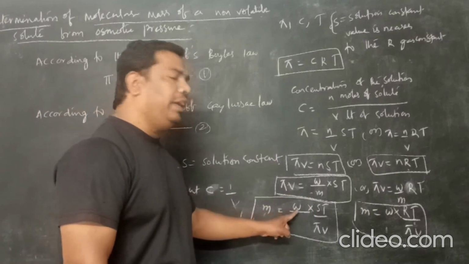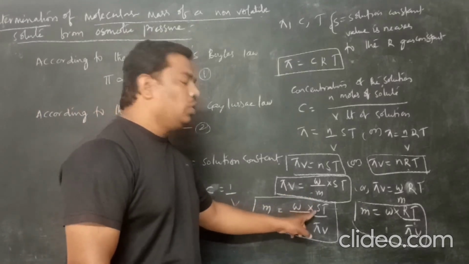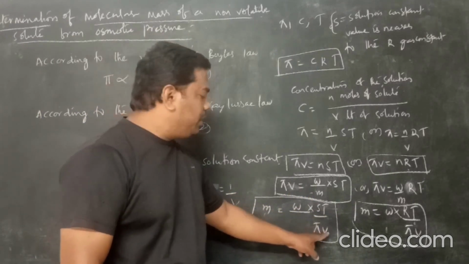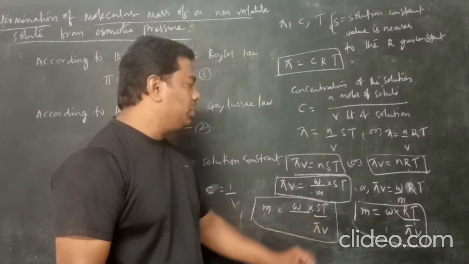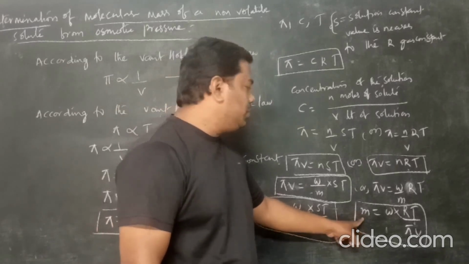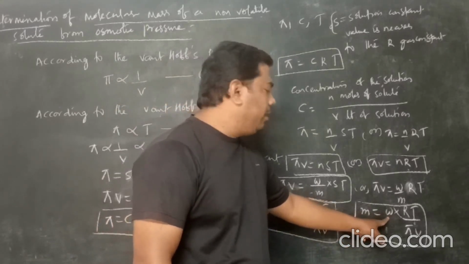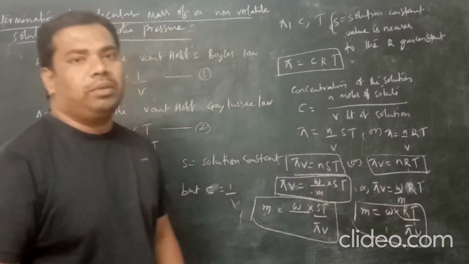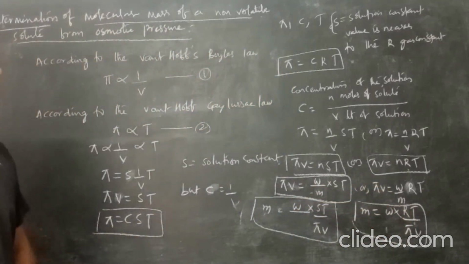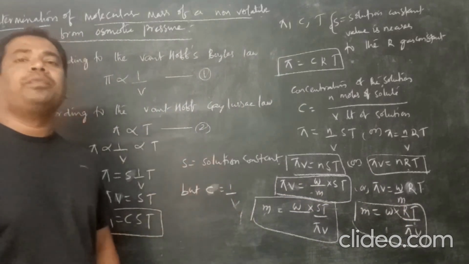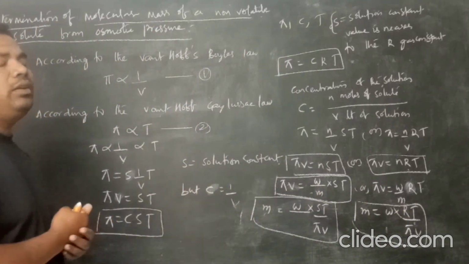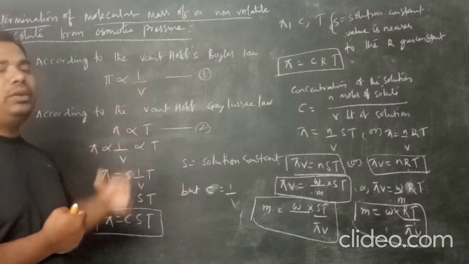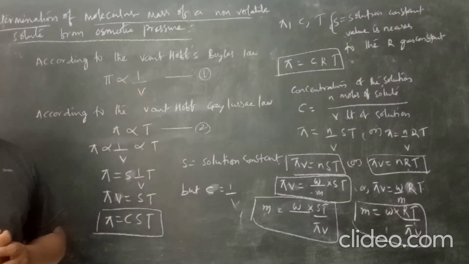So molecular mass is equal to the weight multiplied by the gas constant into temperature, divided by osmotic pressure into volume of the solution. This is the formula for the calculation of the molecular mass of any non-volatile solute according to the osmotic pressure phenomena. Okay, clear, students?